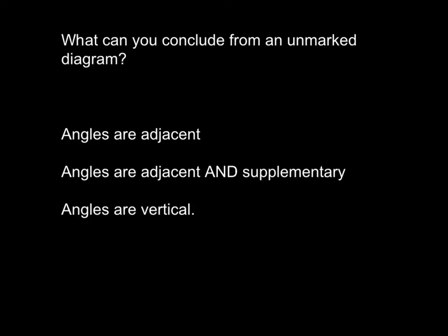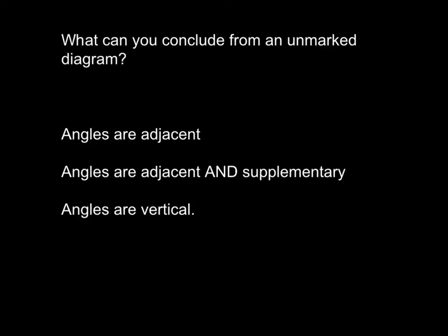These are the three things that you can conclude from an unmarked diagram. So without having to have any markings, you can always assume these things would be true. If you see adjacent angles, you know that they're adjacent. If you see angles that make a straight line, you can assume they're supplementary.